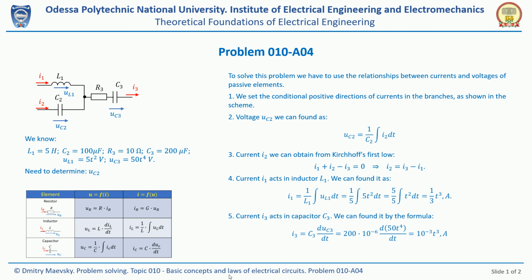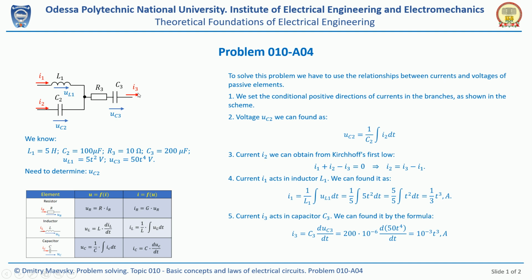First of all, we will set the conditional positive directions of currents in each branch of this scheme. For example, like it's shown in these arrows, I1, I2, and I3.